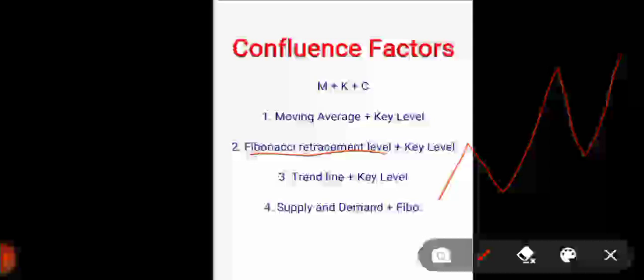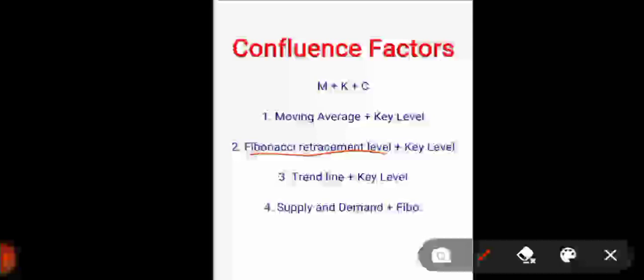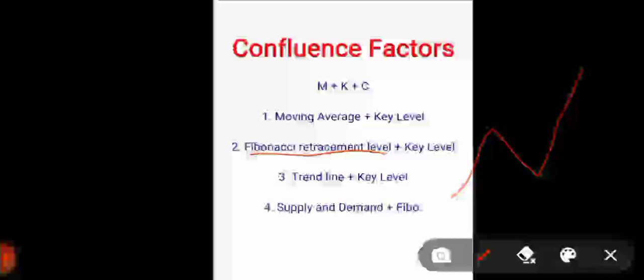in an uptrend, for instance, let me erase this. So I see the market in an uptrend, for instance, like this. How do I do it? I drag my Fibonacci tool. Also in the MT4 tutorial video, I shared how to draw the Fibo.